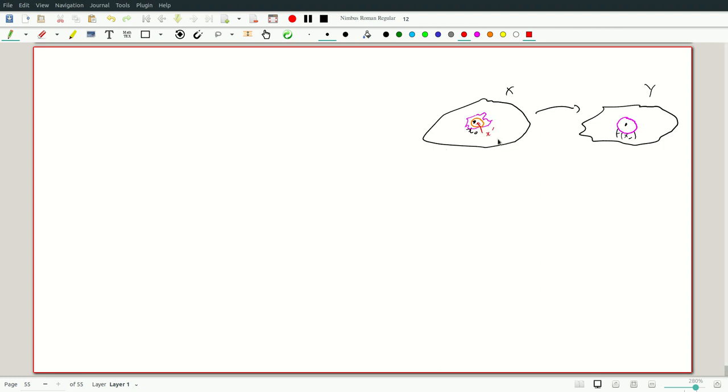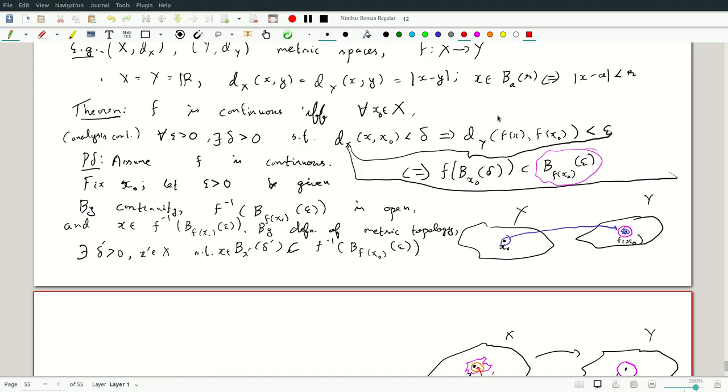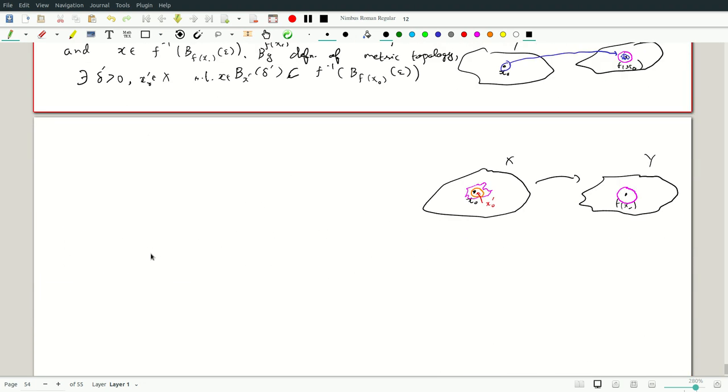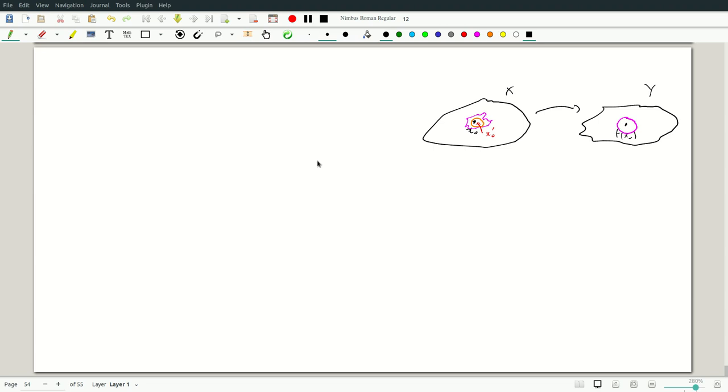Okay, so we have x prime, or maybe I'll call it x0 prime here as well, because it's a modification of x0. But for the analytic definition, I wanted a ball centered around x0. Okay, but that we can find just as we did previously.